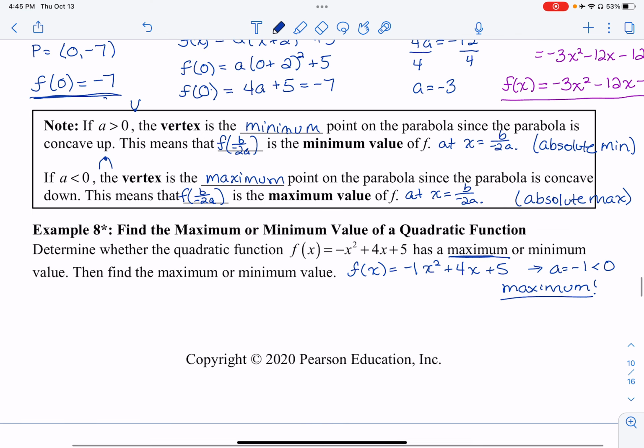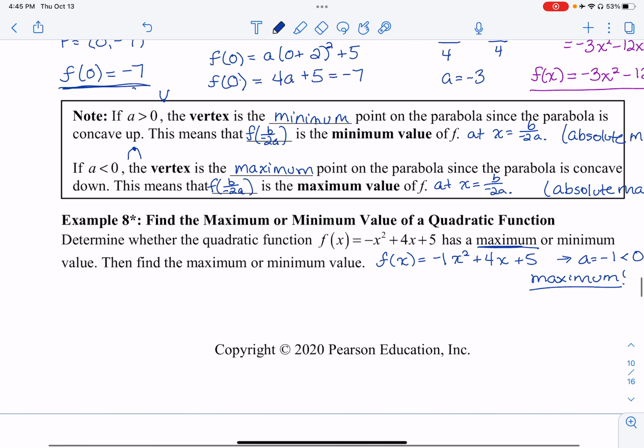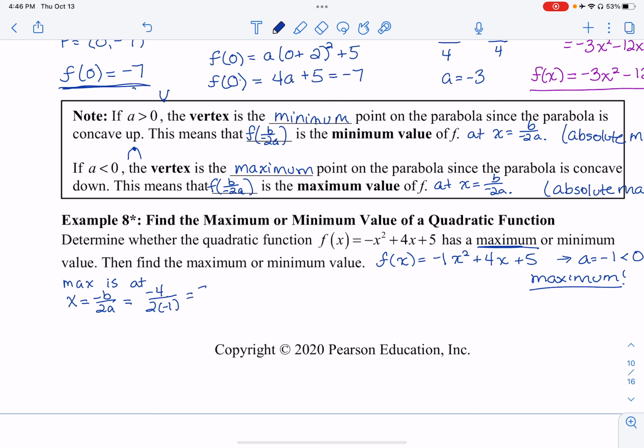Now to find the maximum value, remember it occurs at x = −b/2a. So let's find that. Our max is at x = −4/(2 · −1), which is −4/−2, which is just 2.